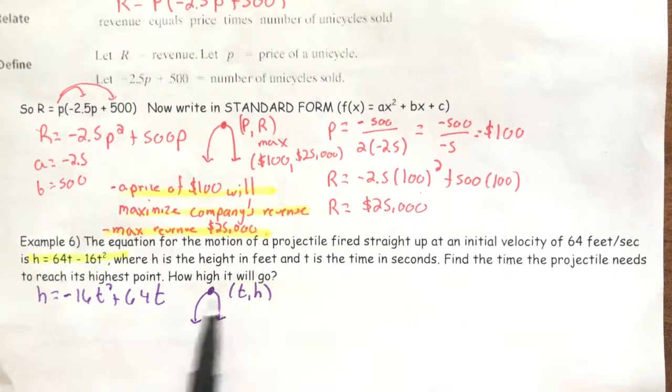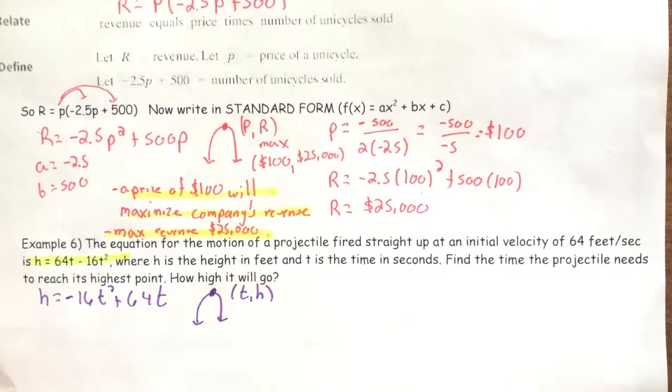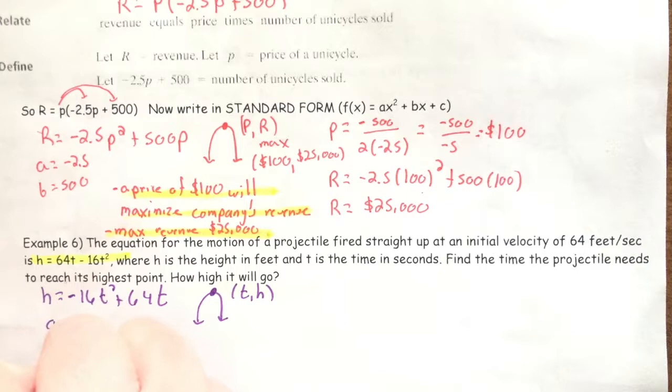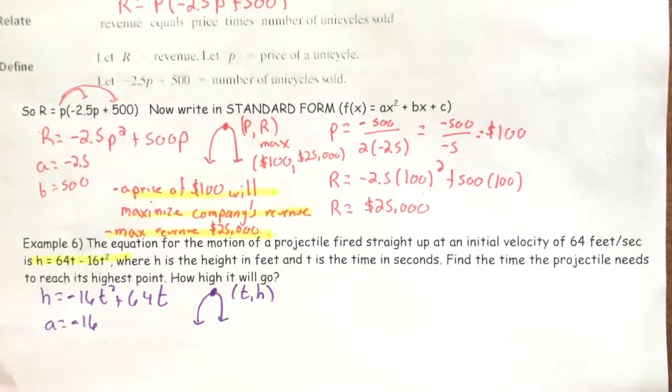So find the time, that's the x coordinate of our vertex, that it's going to reach the highest point. So you should know your formula to find the x coordinate of your vertex. It's the opposite of b over 2a. Well, my a value is negative 16. My b value is equal to 64.